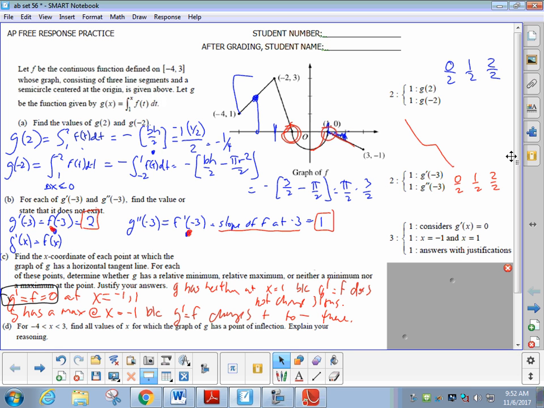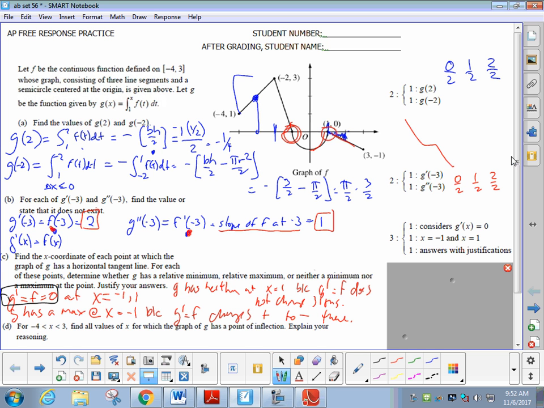I feel like the connection to F also has to be made. I believe they would also grade for that. The next was, did you know where to look? Not where the slope was 0, but where F actually crossed the x-axis. So did you say at -1 and 1? That was the second point for the problem. And then the third one was all the work of it. Did you conclude properly?